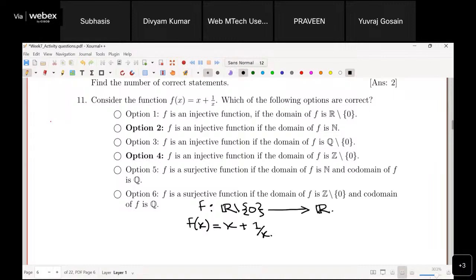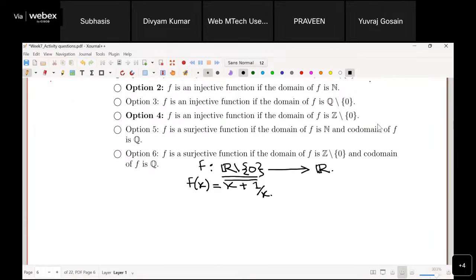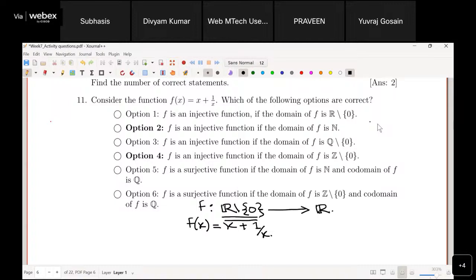Whether this function is injective when my domain is R minus 0. Any idea how we should solve this question?